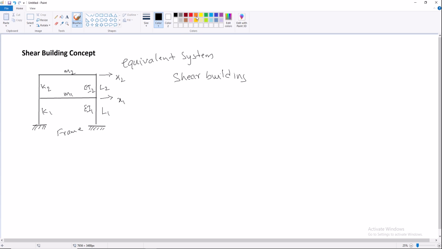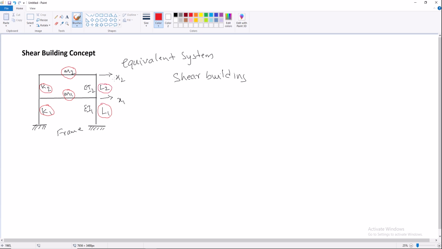So in these considerations, the masses at floor levels are considered M1, M2, and the stiffnesses at floor levels are K1, K2, and the EI values are considered with respect to the cross-section dimensions. It may be EI1 or EI2 at each floor level, and the column lengths L1 and L2.